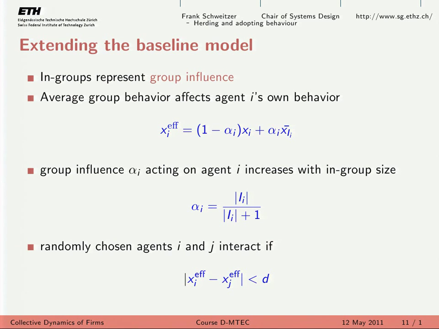We consider this in-group influence here in this effective value of X. So you see, the effective value of X is composed of two parts. One is my X, and the other one is the average X of the partners I have interacted with. And I can weight this influence with the parameter alpha.